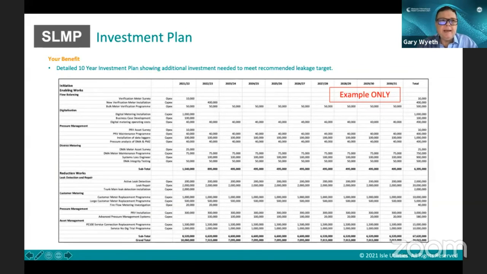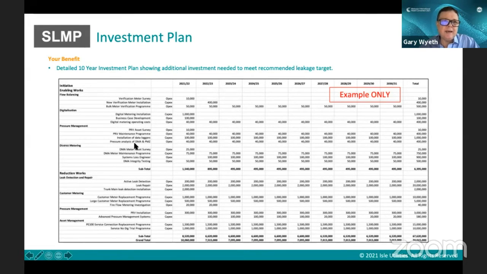The investment plan itself, as I mentioned before, is quite a detailed spreadsheet, and it gives you how much needs to be invested over a 10-year period for each of the different activities that are ongoing.